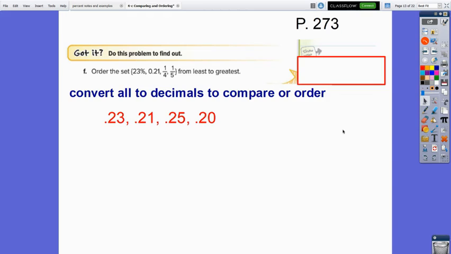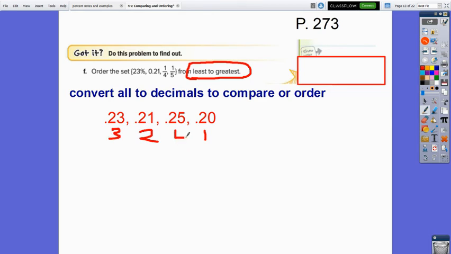Okay, so once you have them all in the same format, I like to just label what order they're in. Make sure to check what the question is asking for. Sometimes they'll ask for greatest to least, so make sure you're answering the question. This one wants least to greatest. So the first number will be the smallest of these. That's that one. Then this one. Then this one.